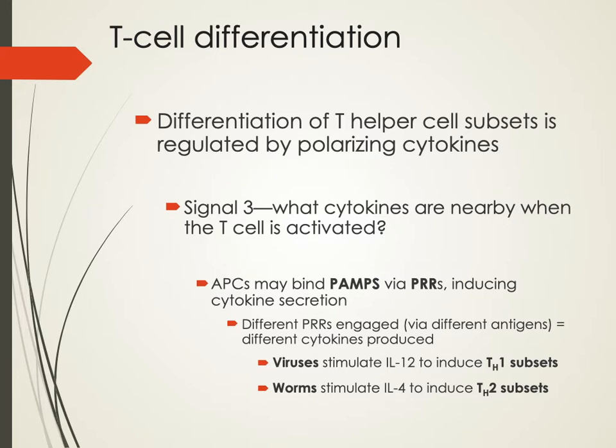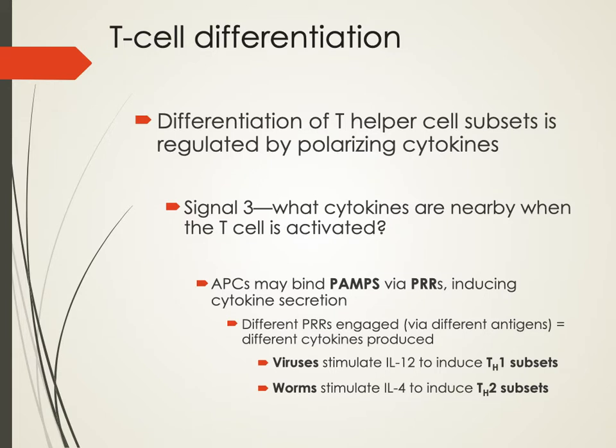When we look at viruses and the pattern recognition receptors they activate, that leads to IL-12 production, which shifts to a Th1 subset. We'll talk more about these subsets in a little bit. Where we have parasitic worms present, this produces IL-4, and that induces a Th2 subset.